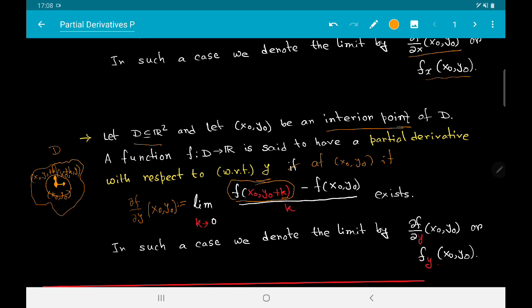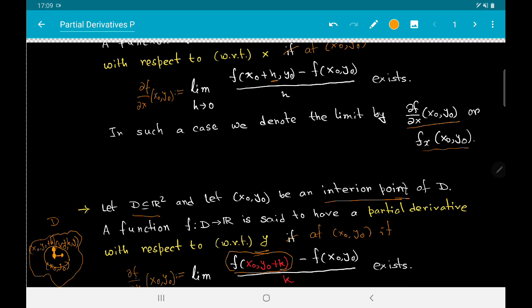But then we come back to the question where we really need the point x0, y0 to be an interior point. You can see that whenever we are going to talk about the limit which relates to del f del y, we only need that the points that we are looking at should lie on a vertical line which passes through x0, y0.